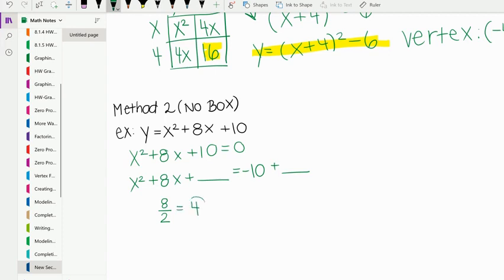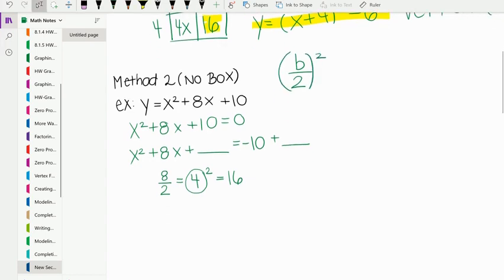I'm going to circle this number because it will be helpful later on, and then you square it and you get 16. So again, you take your b value, divide by 2, and square it. Okay, so we get 16, so we place that there, we place that here.